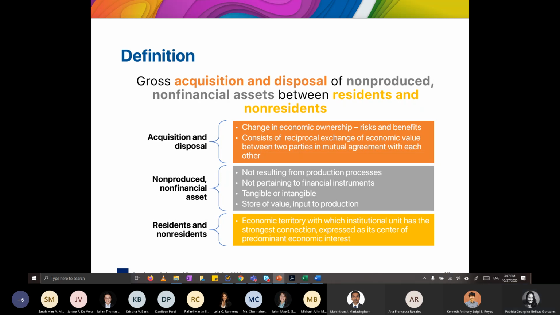So when we say between residents and non-residents, I think this was defined earlier. The residence of a certain institutional unit is determined by the economic territory with which it has the strongest connection, where it has its center of predominant economic interest.